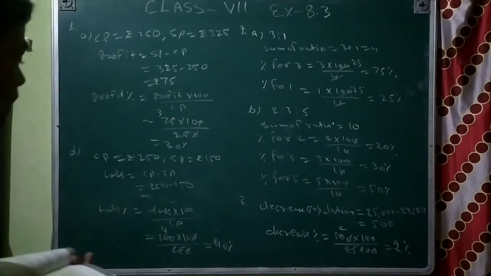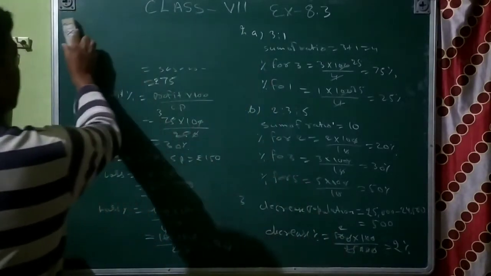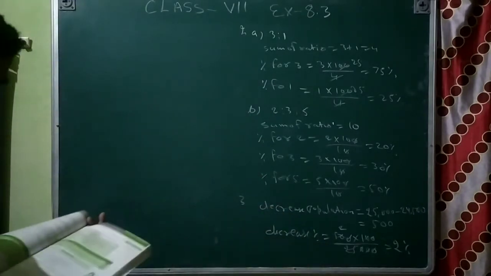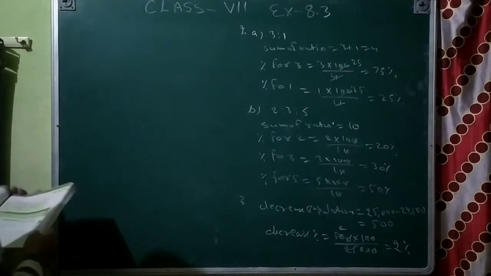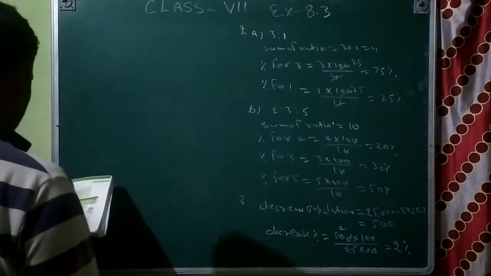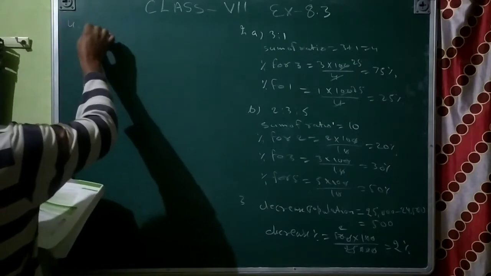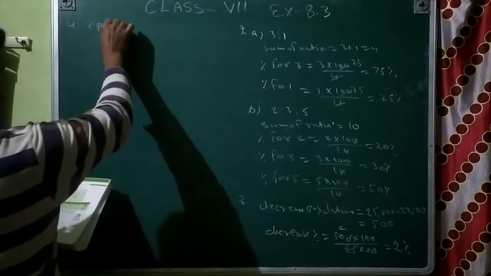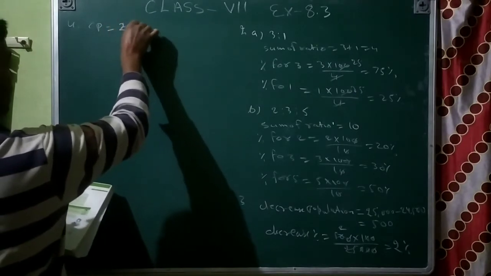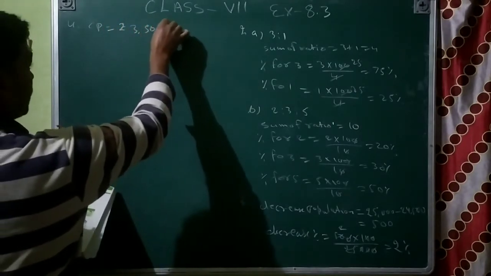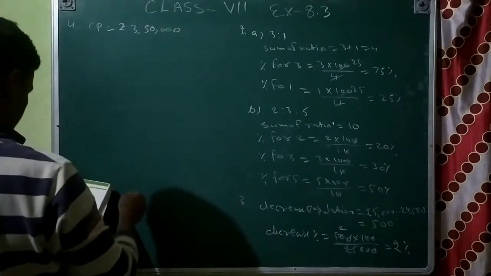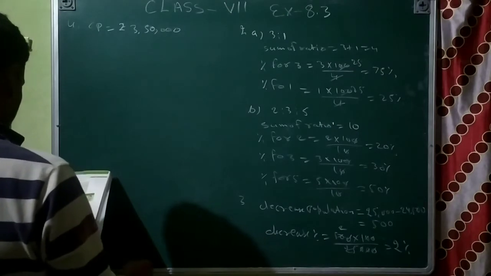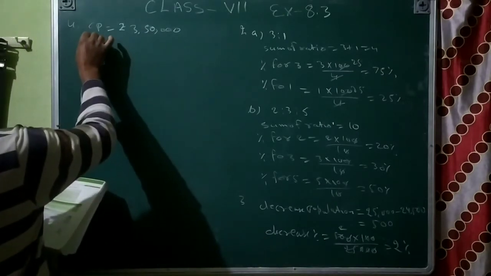And then question number 4, Arun bought a car for rupees 3,50,000. So bought means CP is equal to 3,50,000. And then the next year the price went up to 3,70,000.